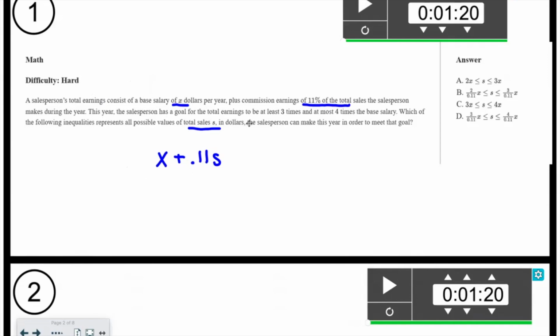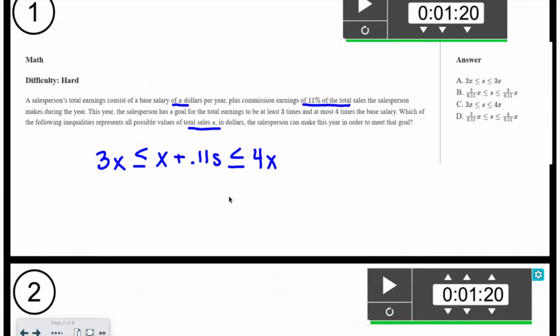And then we want that to be at least three times and at most four times the base salary. So that's one of these compound inequalities, basically how all the answers look. Well, the base salary was X, so 3X and 4X.